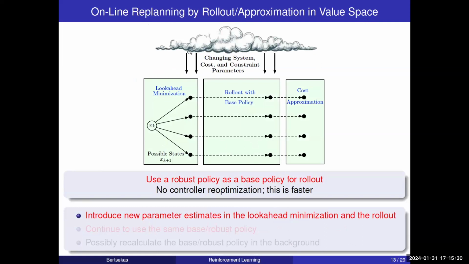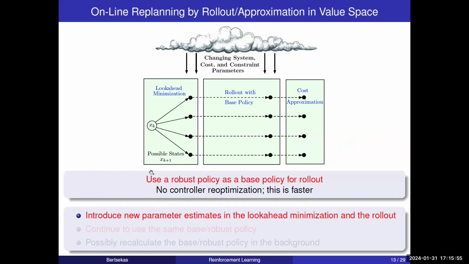Again, we estimate the parameters. We assume that there's some kind of a computational cloud here, an environment that changes the system parameters, the cost, perhaps some constraint parameters. And all of this information comes into the controller, who estimates the unknown values, the B in the case of the previous slide.